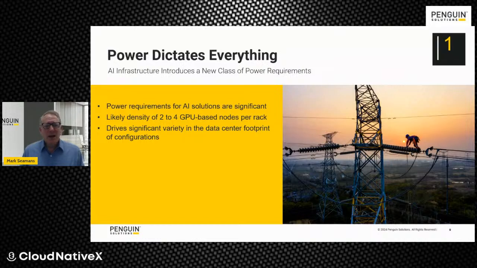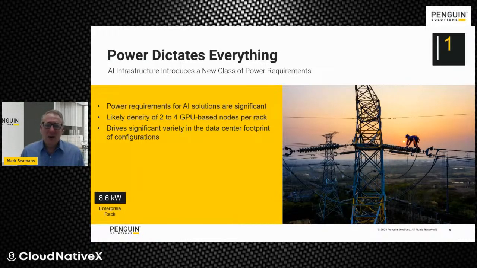First thing we're going to talk about is the fact that in these environments, power dictates everything. And if you haven't hit this yet, it's going to be something you're going to become increasingly aware of as you work in this new era of AI infrastructure. If we think about enterprise racks traditionally in a data center, those racks might consume 8.6 to 10 kilowatts of power per rack for things like Exchange Server or databases.